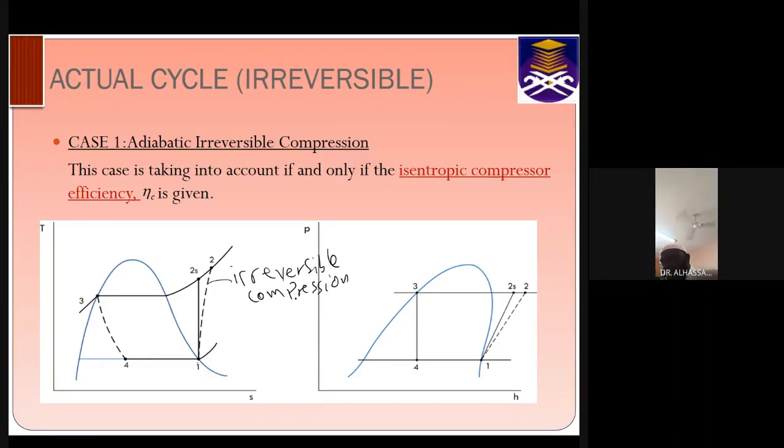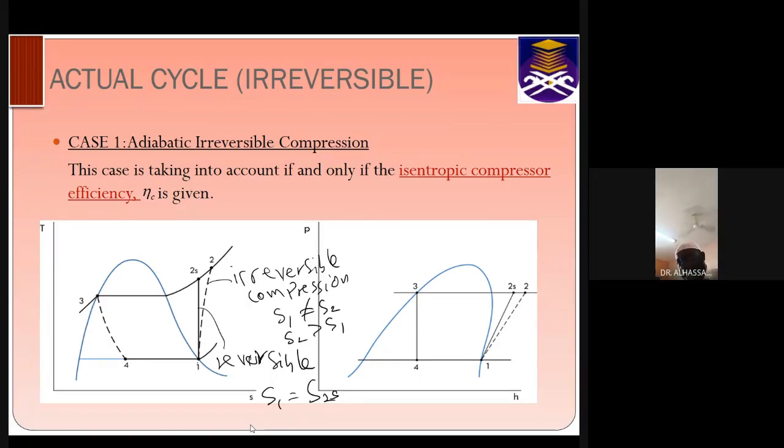Why is it irreversible? Here S1 is not equal to S2; S2 is greater than S1. But this thick line is reversible. Why is it reversible? Because S1 is the same as S2s. You understand? The change in entropy between the two states is the same. So this is very, very clear.